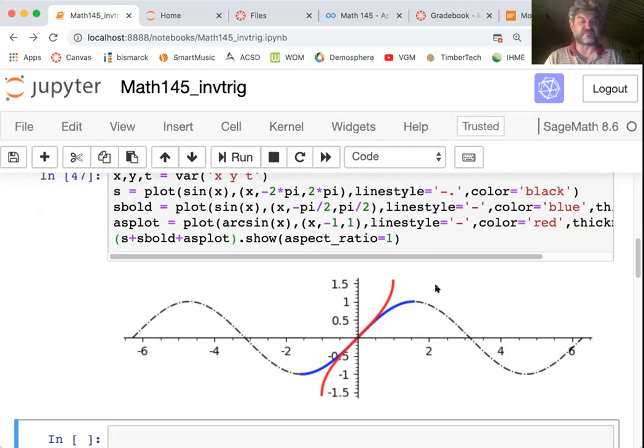Because the sine of pi over 2 is 1, the arcsine of 1 is pi over 2. It goes flip, flop, teeter, totter. That's how inverses work. So we'll leave it at that and go back to do some more work with paper and pencil.